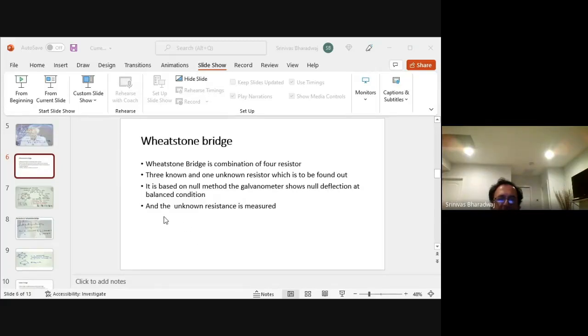You're matching the EMFs, the EMF of this to the EMF of this. Corresponding to this, there is a potential drop in the wire AB. The potential drop across AN1 is the PD, and then the potential drop across AN2.